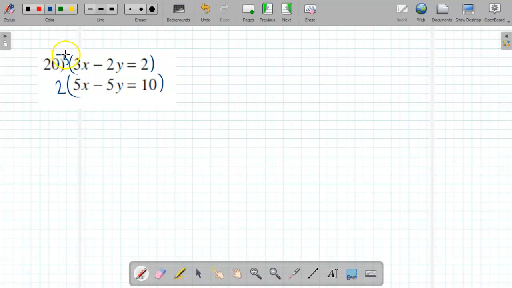It doesn't matter if I put that with the negative 5 or down here with the 2, just don't put it in both places. So if I distribute here, I get negative 15x plus 10y equals negative 10. And then in the bottom, I'm going to have 10x minus 10y equals 20. Okay, so we're just multiplying those equations.